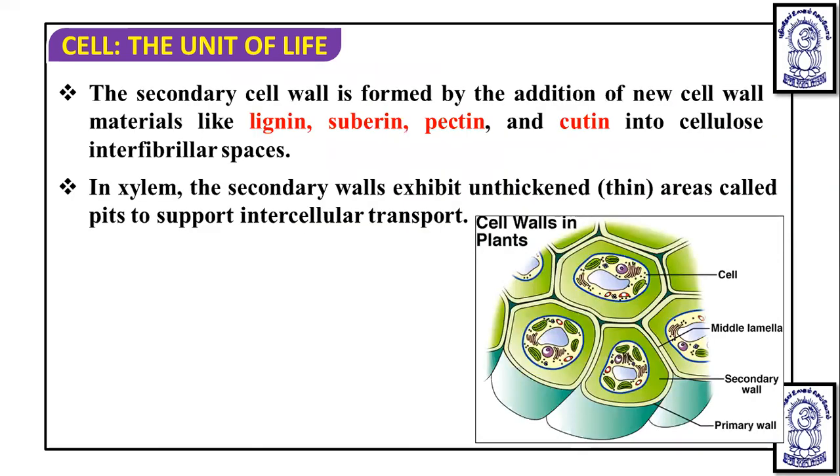So you should write this point: pits are the unthickened areas, and within pits, plasmodesmata are present.